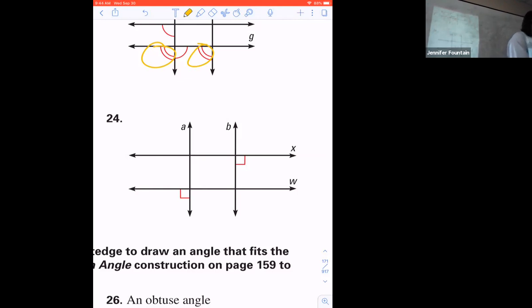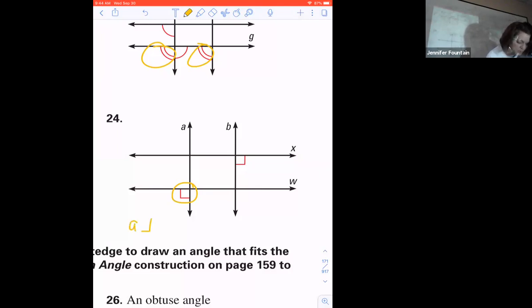Okay, let's think about this for a minute. I want to draw this. This angle here tells me that A and W are perpendicular, right?